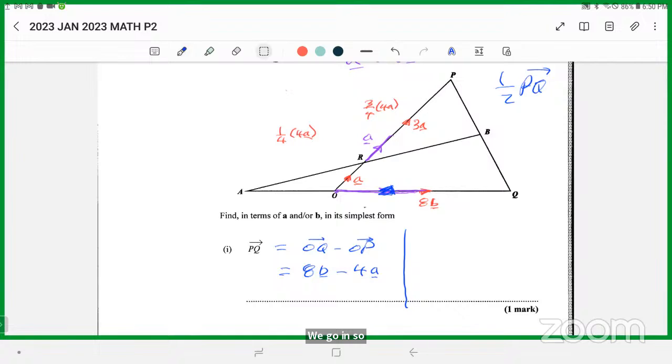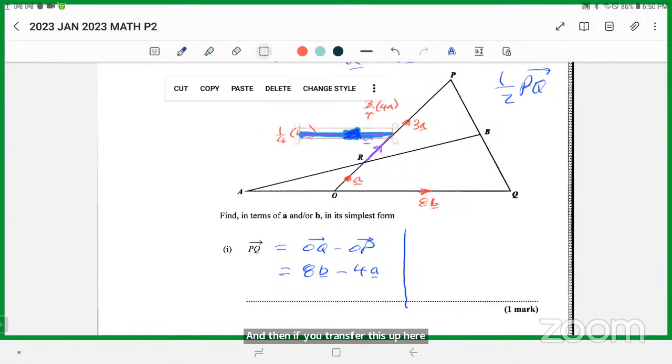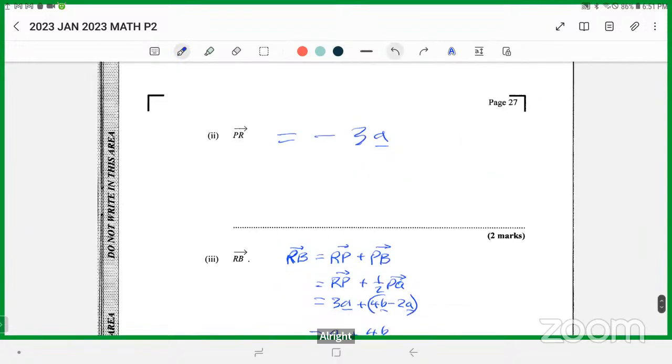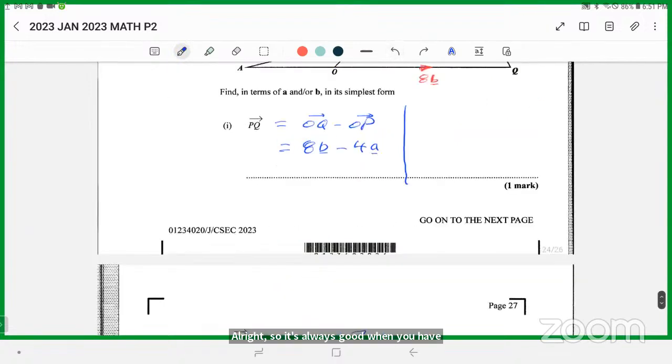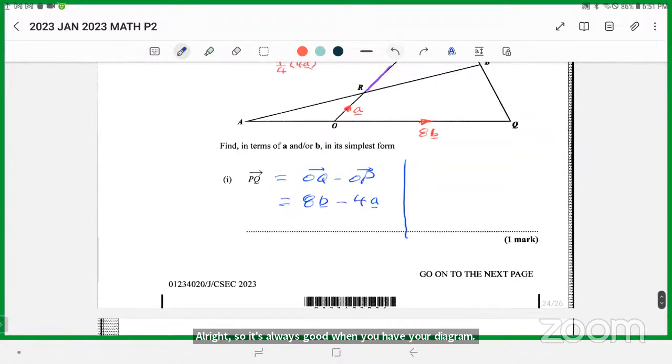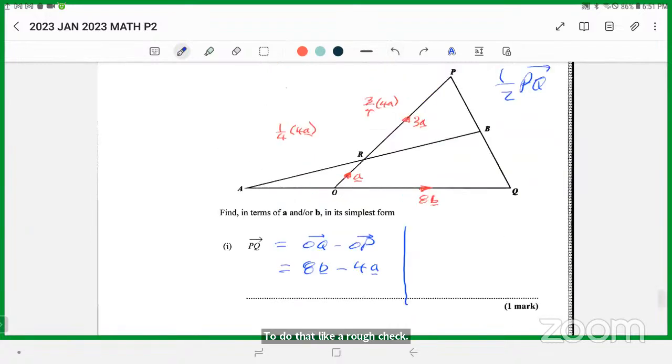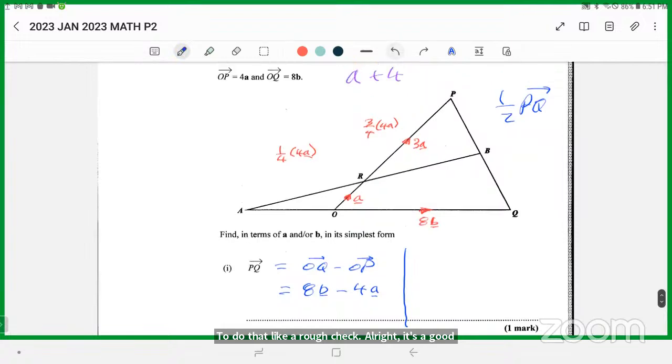If you transfer this up here, you see that you're actually going away from the B, so you know that you made a mistake. It's always good, when you have your diagram, to do a rough check like that. It's a good practice to make sure the answer you get is correct.